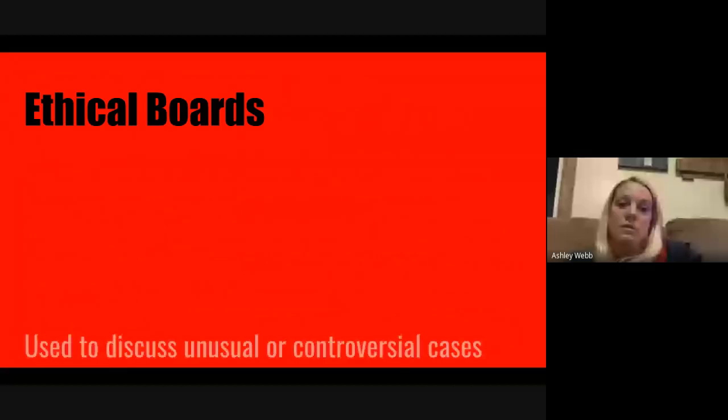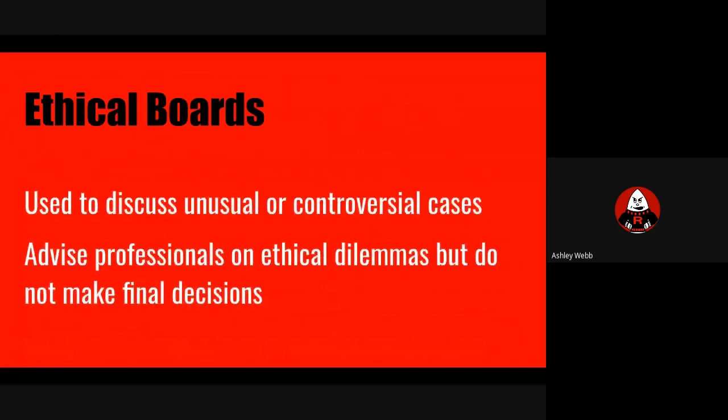Ethical boards. Okay. There are groups of people, groups of professionals that discuss unusual and controversial cases. Okay. So in Health Science 1, we talked about some different ethical decisions with ethical committees, ethical boards.